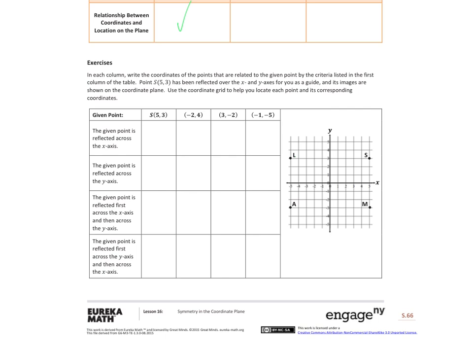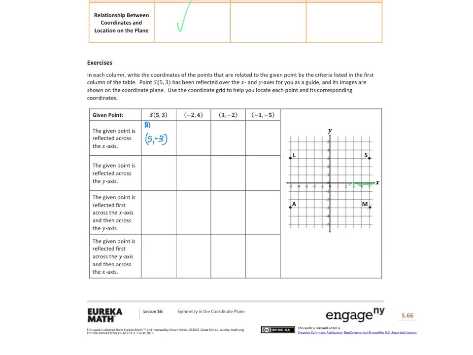So they're saying that S is over 5, up 3, got it. The given point is reflected across the x-axis, so boom, we're at M. So I'm going to write M, but then what I'm also doing is I'm going over 5 and down negative 3.